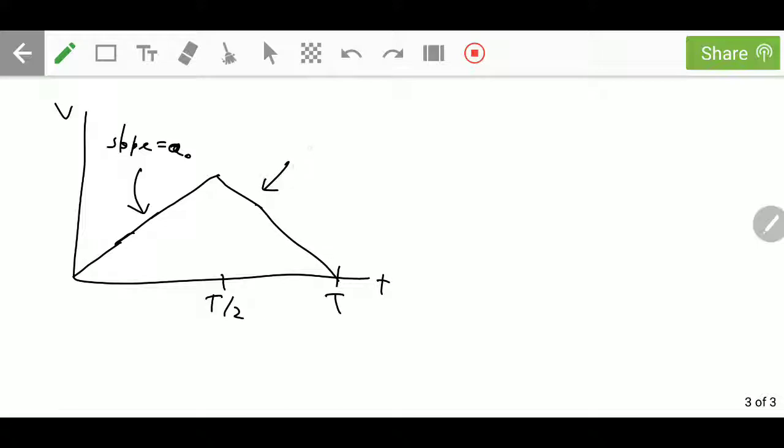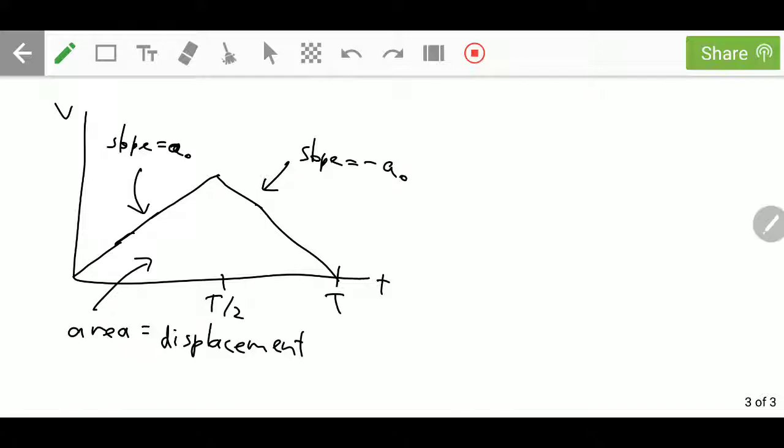And this line will have a slope of negative a naught. So this corresponds to accelerating as fast as possible at first, and then decelerating as fast as possible afterward. And then the total area of this will equal the displacement of the car.